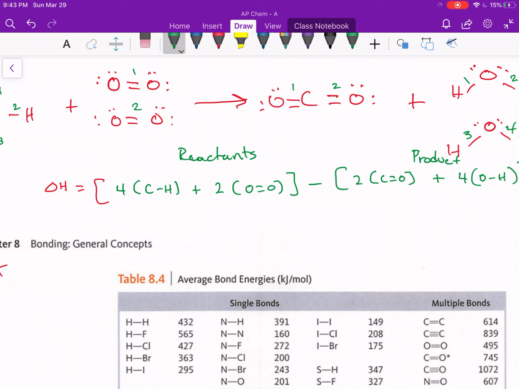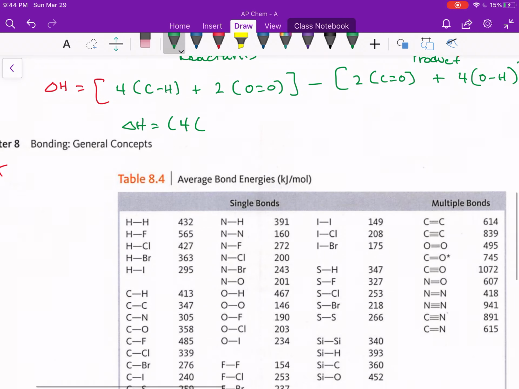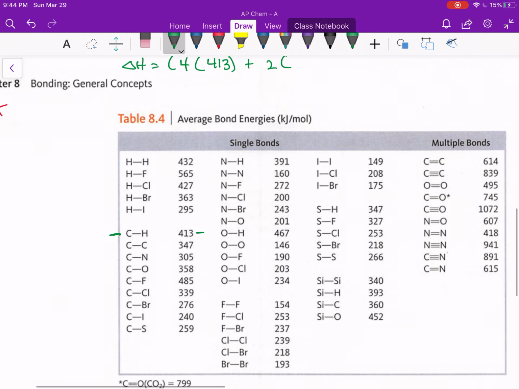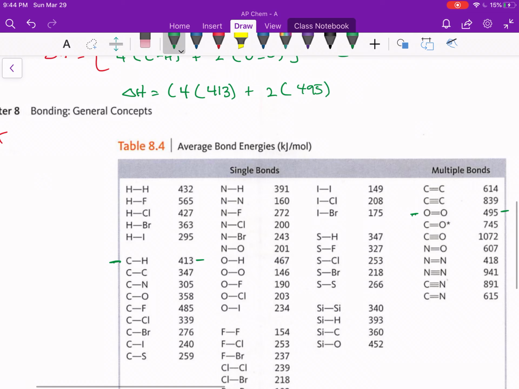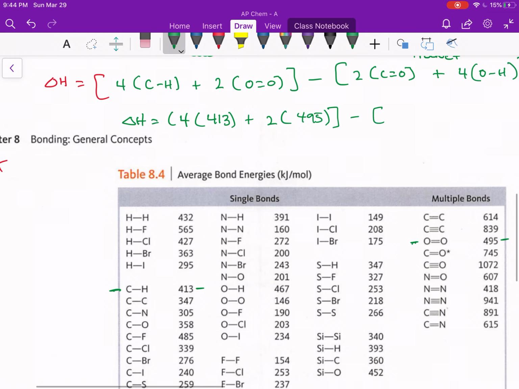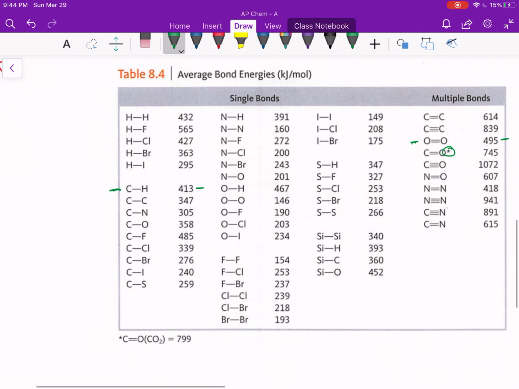So now I can fill in the numbers. My delta H is going to be 4 times my CH, and there's my CH: 413, plus 2 times my bond, 495, minus 2 times my CO. I also see a little star here, and at the bottom it says that when you have a CO bond as part of CO2, each individual bond enthalpy is 799.